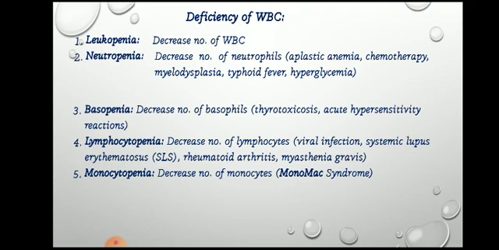Again, for a decreased number of monocytes, the condition is called monocytopenia, which is due to diseases like MonoMAC syndrome, which is a risk of infection with certain organisms including a group of bacteria called Mycobacterium avium complex, hence the word MAC, generally related to TB, tuberculosis, or might be human papillomavirus, HPV, and certain fungi.